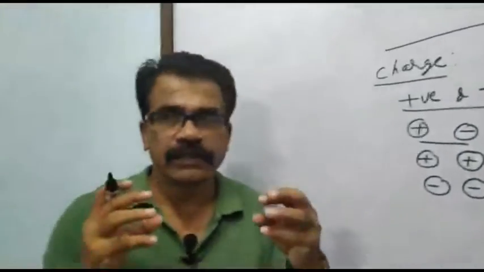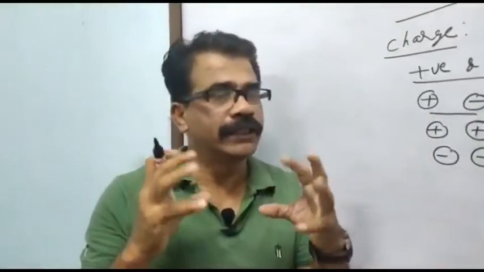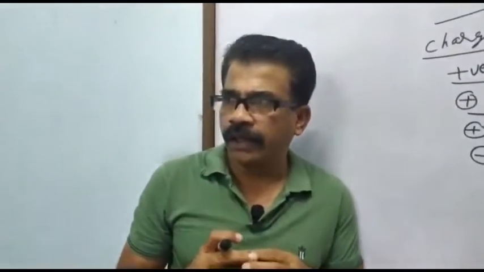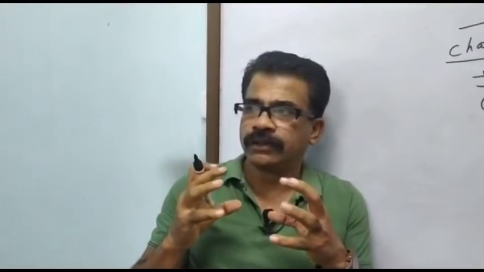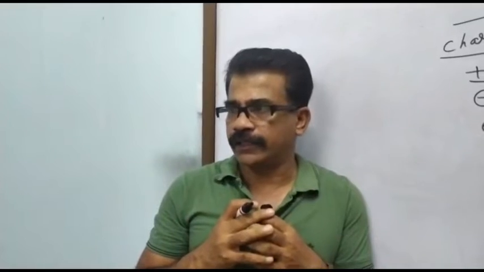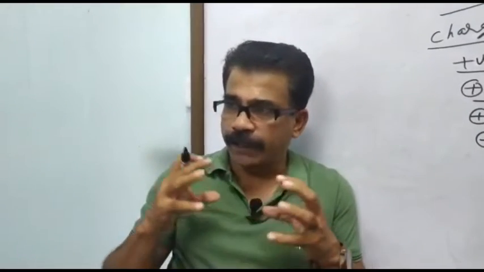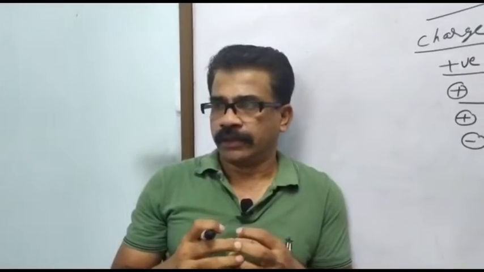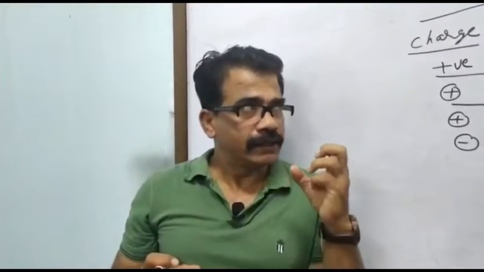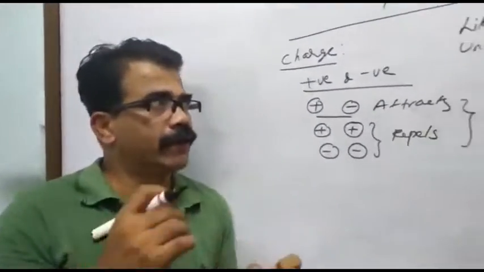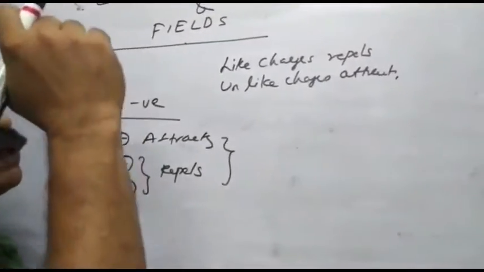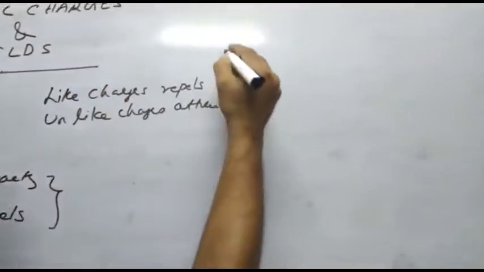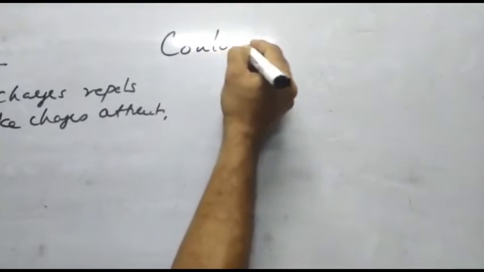That means the charges will exert forces on each other. And how much force do the charges exert on each other? What is the amount of force exerted by the charges? The amount of force exerted by the charges is given by a famous law which is known as Coulomb's law.